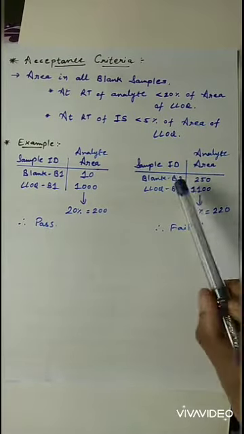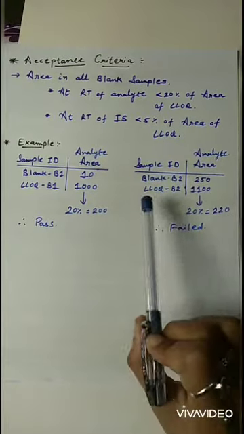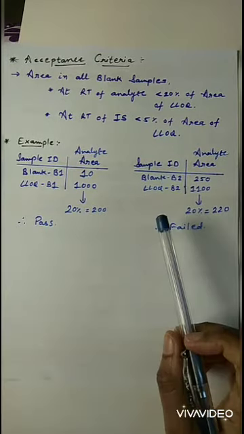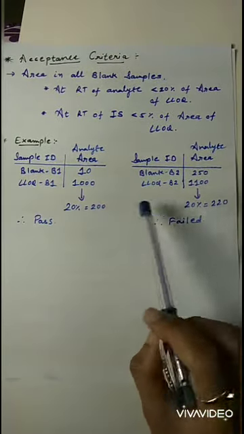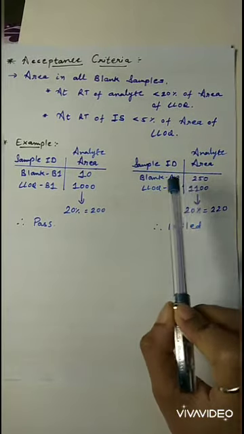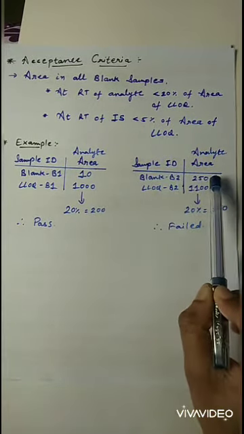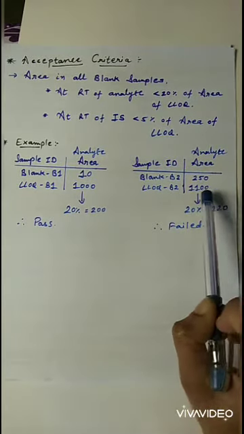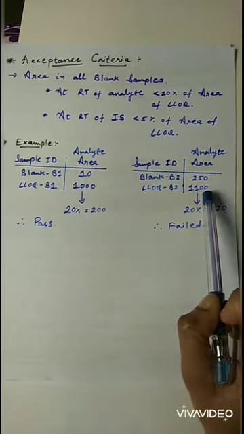Now, we have another example. We prepare blank and LLOQ from lot B2. Then we inject the blank sample and LLOQ sample in the LC-MS instrument. Then we get a blank sample area of 250 and an LLOQ sample area of 1100.